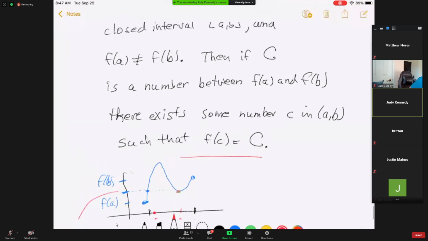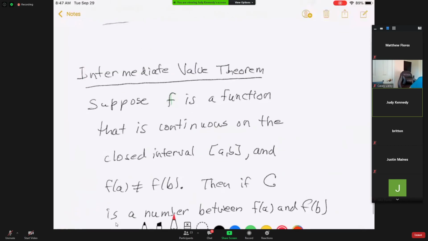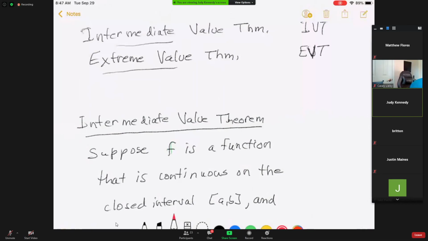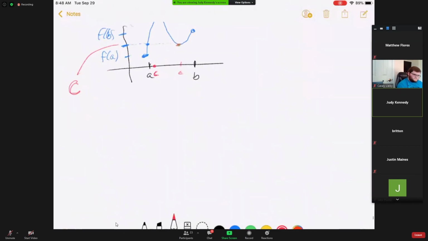And okay, so we'll do some problems tomorrow using this theorem. But let me just tell you what the extreme value theorem says.